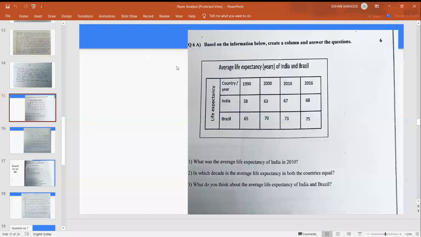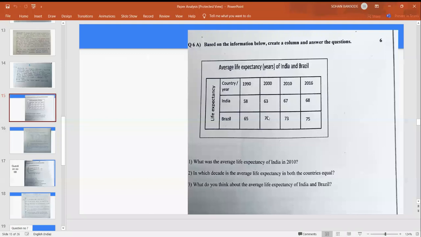Okay. So here what is given, a table is provided, and what is asked is to create columns. Now see here, the rows are given. So this information given in rows, you have to convert into columns.